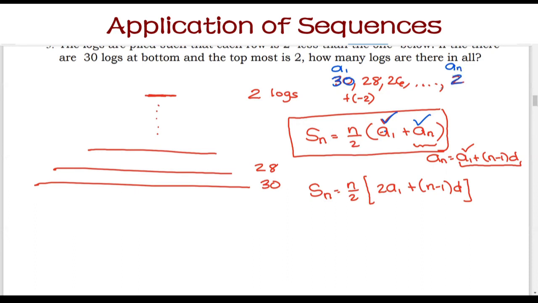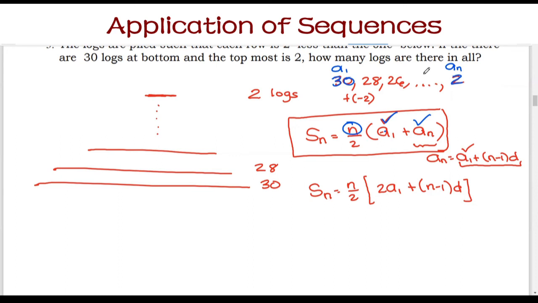Ang wala na lamang tayong value ay si n. Hindi natin alam kung ilan itong lahat ng ito. Ilang terms meron dito. Okay? Or kung sa problem, ilang rows meron. Okay? Again, kung matyaga kayong mag-list down, madali niyong mabibilang kung ilang terms ito. From 30 down to 2.